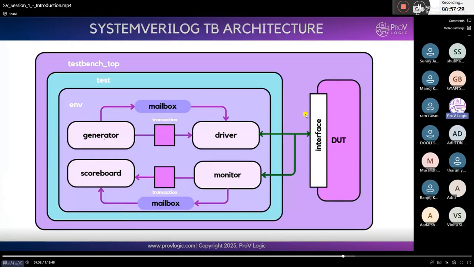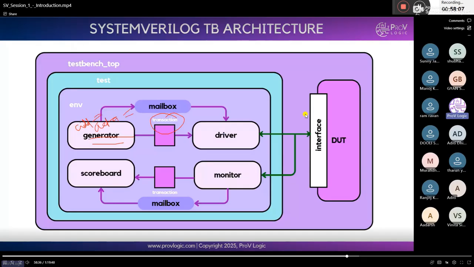Next, generator. Whatever inputs we declared here, in SystemVerilog we don't create hard-coded values. We create random values, randomization. So in the generator, we do the randomization. After doing randomization, suppose address will get some random value, data equal to some random value.